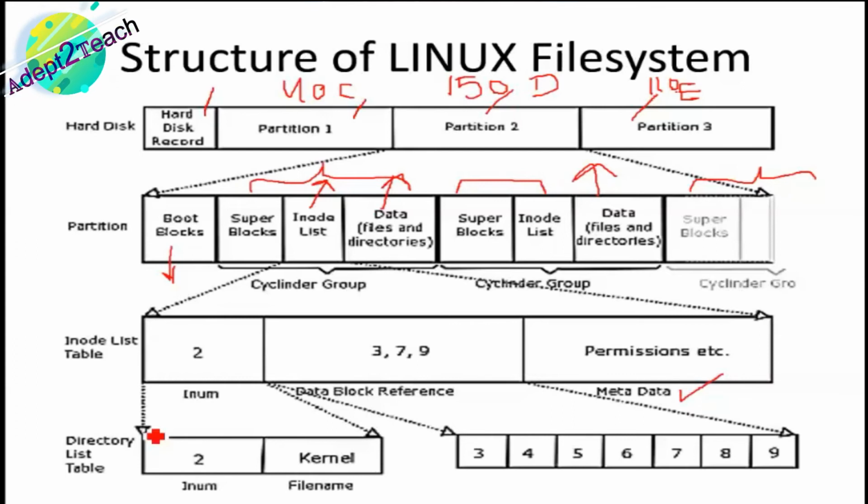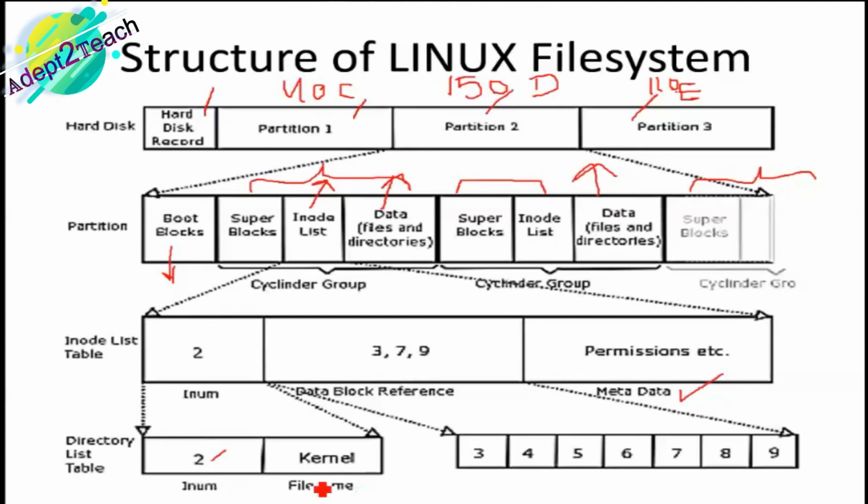So when you go to that location, you want that file to be available. So that structure system is also stored. There is a directory list table that is also stored in the system. This directory list is a part of the superblock. Now in this directory system, we are storing the inode number along with the file name.